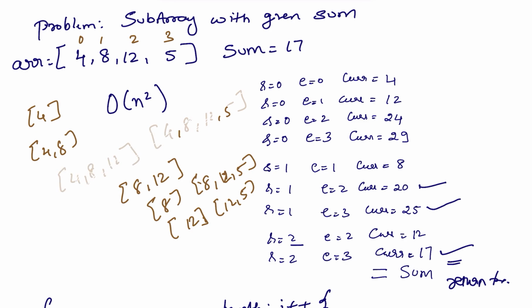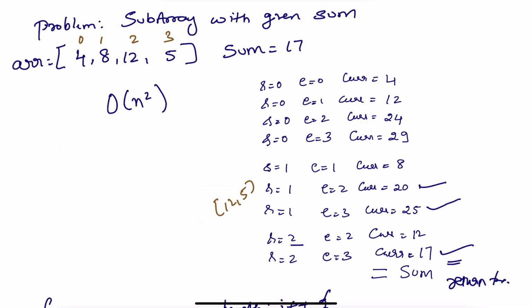These are called subarrays, and we need to find in which subarray the sum of elements leads to 17. Here if you can see, the subarray 12 plus 5 is equivalent to 17.